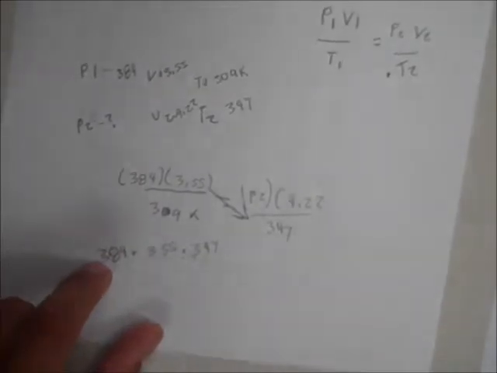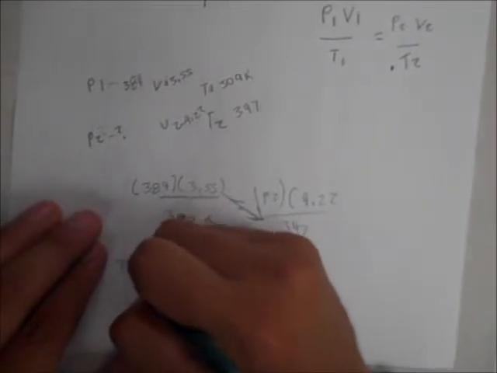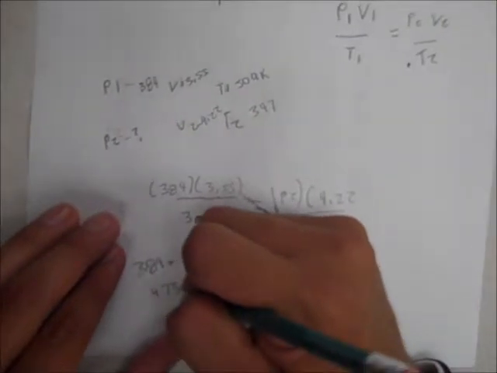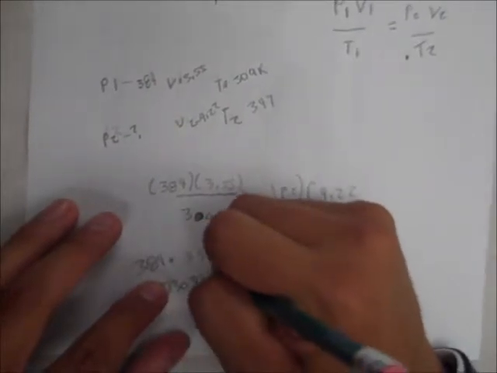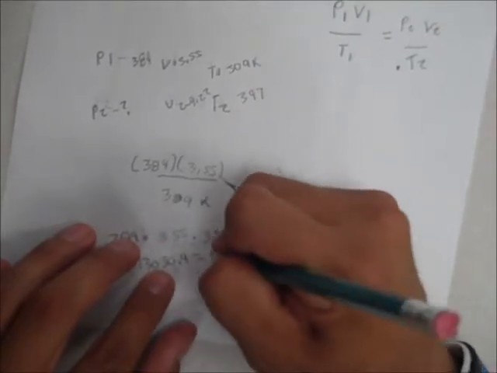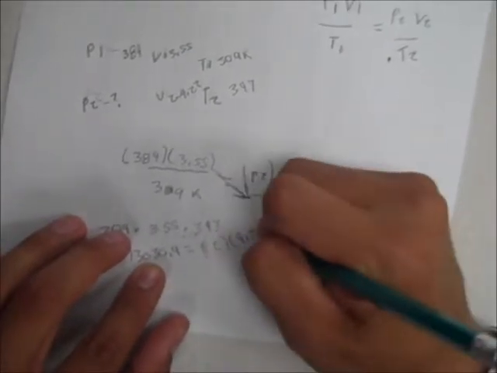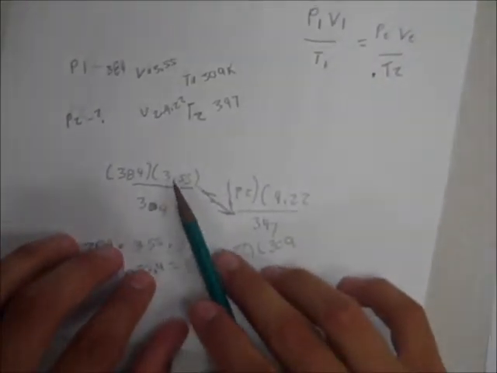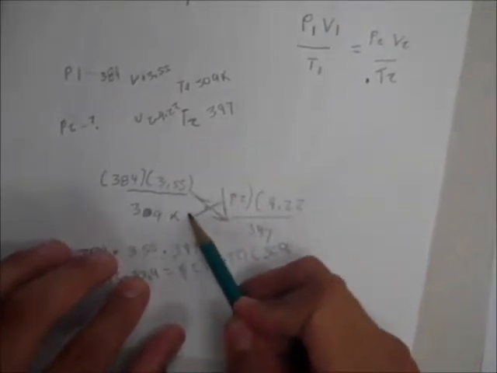When you plug all this into your calculator, you get 473,030.4. And this equals P2 times 4.22 times 309, because we're going to do the same thing as we did here. We're going to multiply P2 times 4.22 times 309.